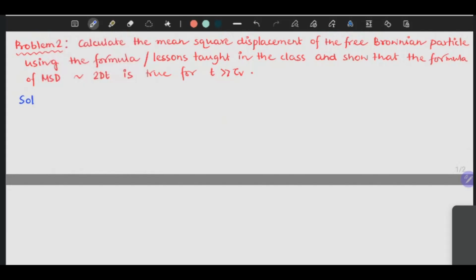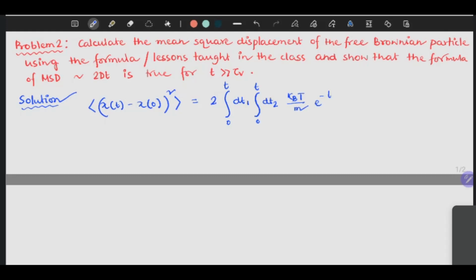Okay, solution. So let's say (x(t) minus x(0)) whole squared becomes 2 integral 0 to t dt1, integral 0 to t dt2 times kBT by m e to the power minus t by tau.